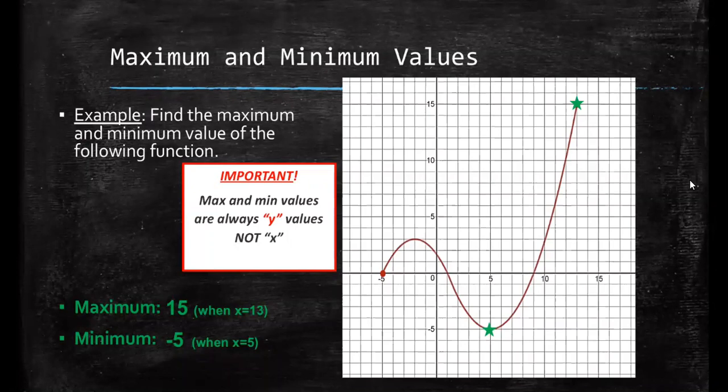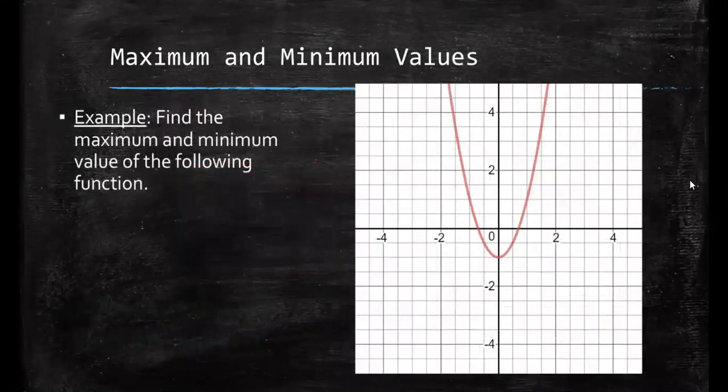Okay, now I do want to talk about what happens when a graph goes on forever. So this particular graph had very clear endpoints. This next one we're going to look at is one of those that does not have the clear endpoints. So this is one that we assume goes on forever, which is going to be important when we're thinking about that maximum value.